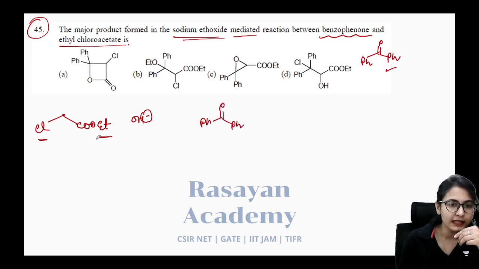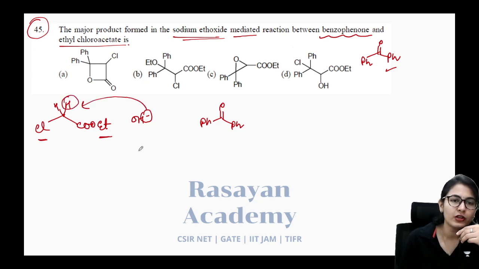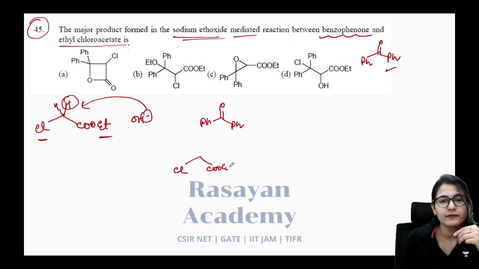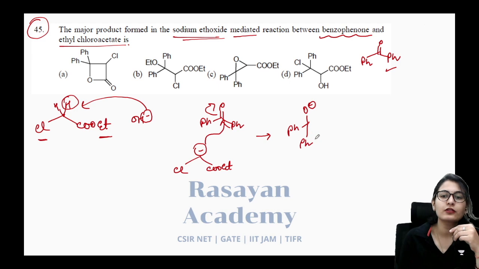This OH minus can remove a proton from here. There are two hydrogens which could be enolized, these are the only enolizable protons, so they could be removed. And what do you get? You get a negative charge over here, the O minus, the carbonyl bond opens up, O minus, two Ph groups on this carbon. You have a leaving group, and then you have CO2Et.